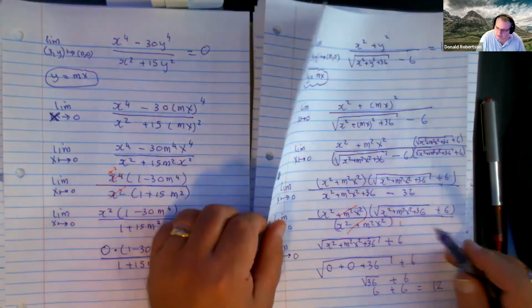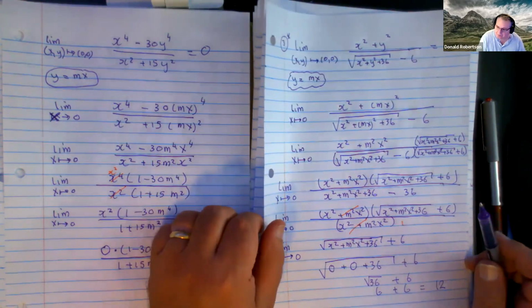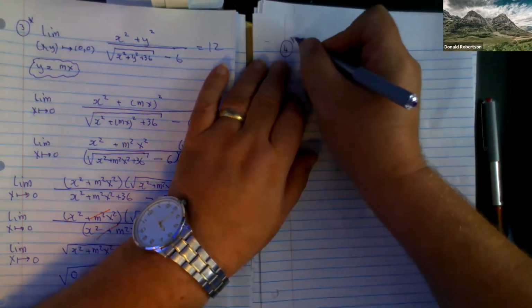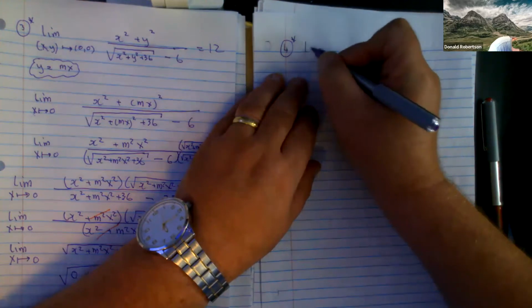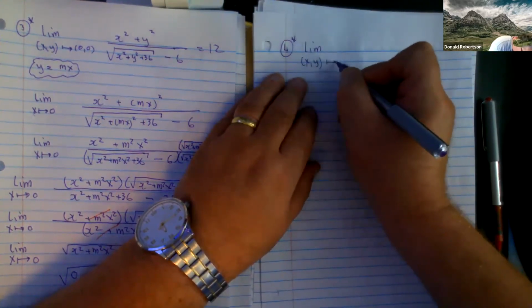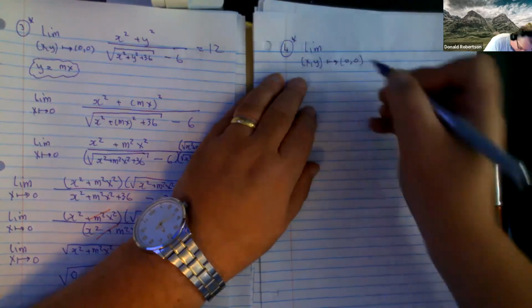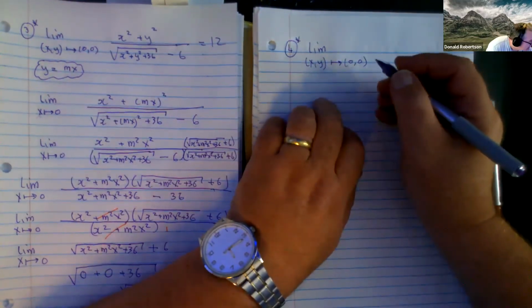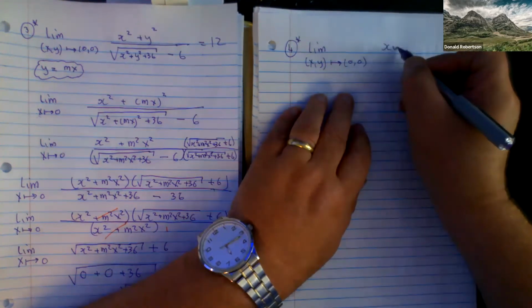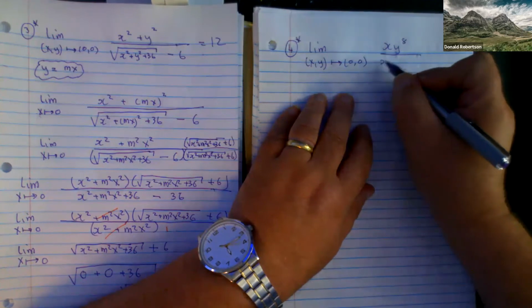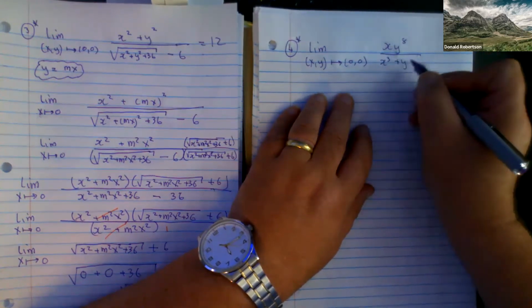How are we doing? Can we see the next one? Okay. The next one is a version of question 4. And we have x y to the 8 over x cubed plus y to the 12.